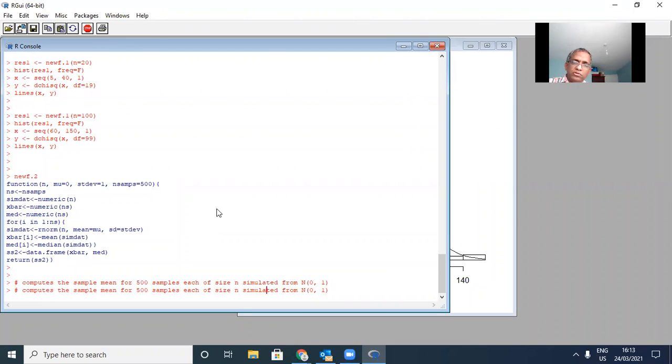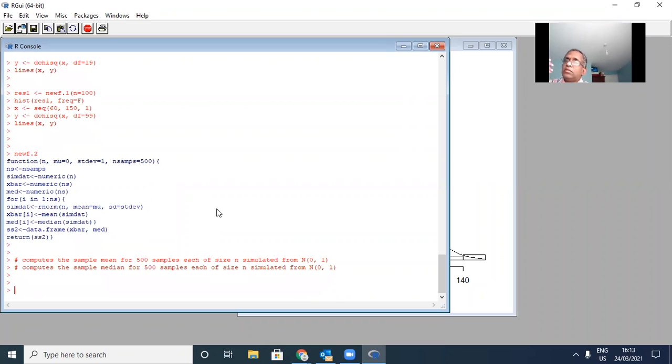And it also computes the sample median for the same. So it computes two things. One is the sample mean, the other is the sample median, right? For 500 samples, each of size n, simulated from the standard normal distribution, right?